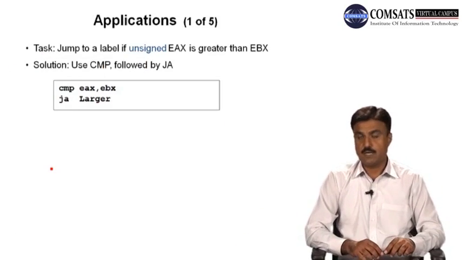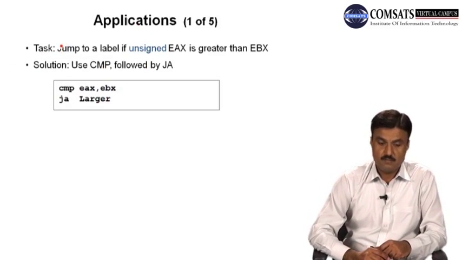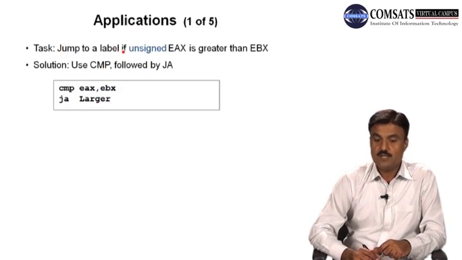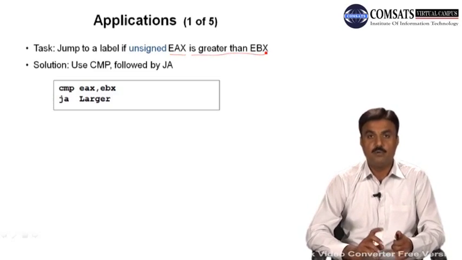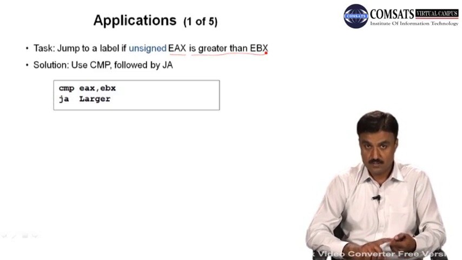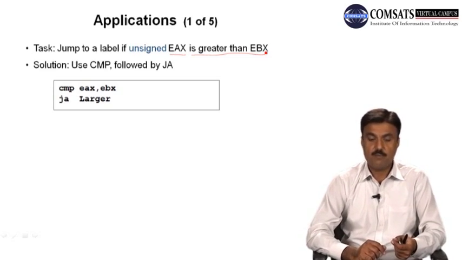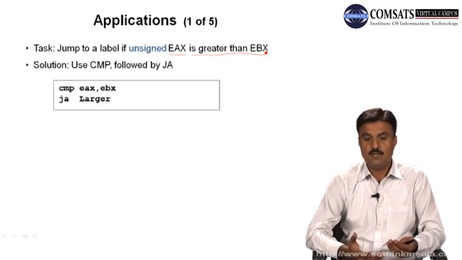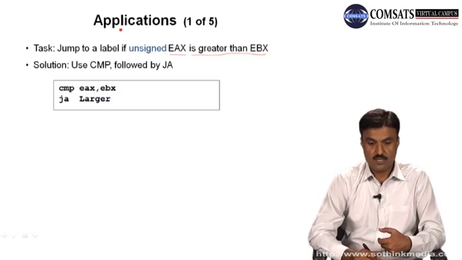Here you can see the examples. For example, the task is to jump to a label if the unsigned EAX register is greater than EBX. Both these registers are considered to have unsigned values. What is the solution? We use compare followed by jump A. We will jump to a label if EAX is greater than EBX.